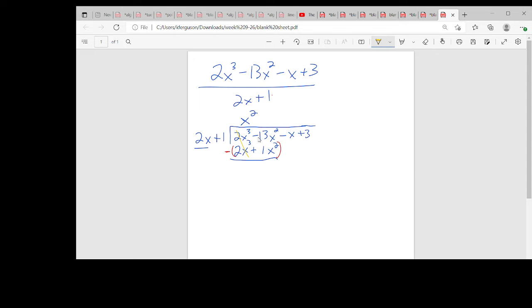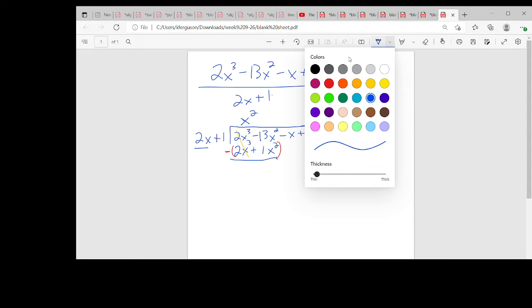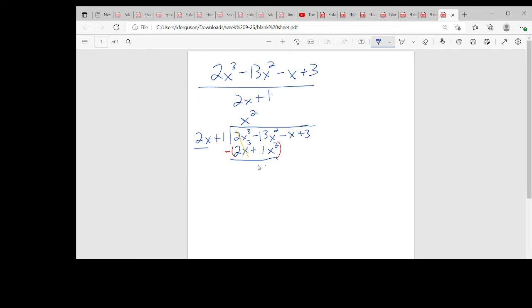And so here I got negative 13x squared minus 1. Like I said, if you get your signs mixed up, it's going to be a heck of a problem. So negative 13x squared minus 1. What's that going to be? It's going to be negative 14x squared.